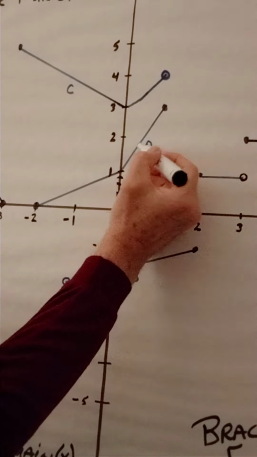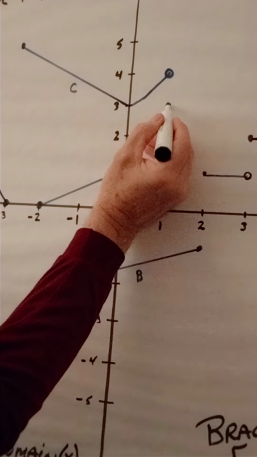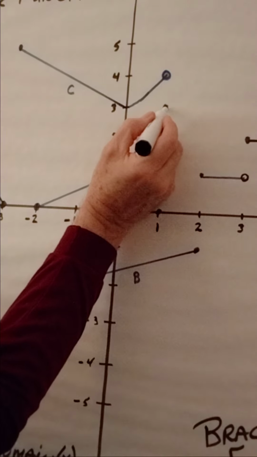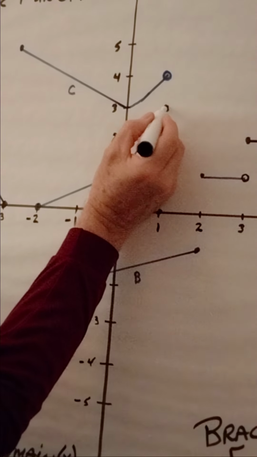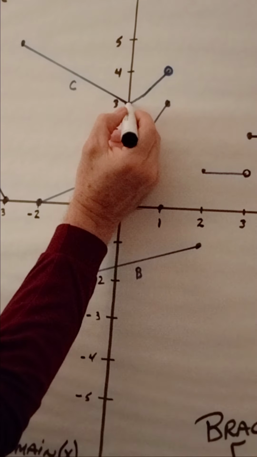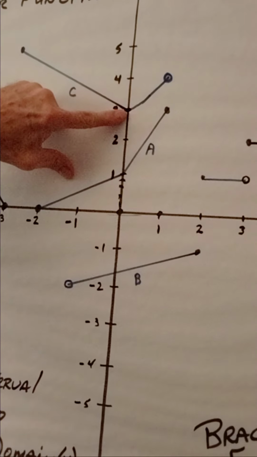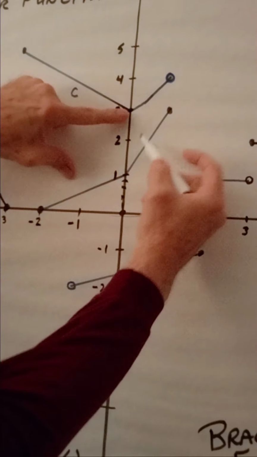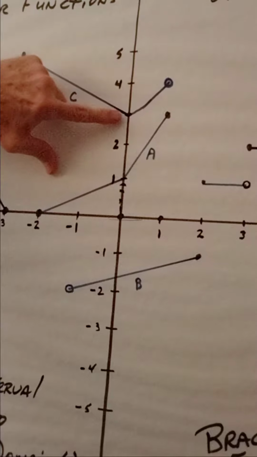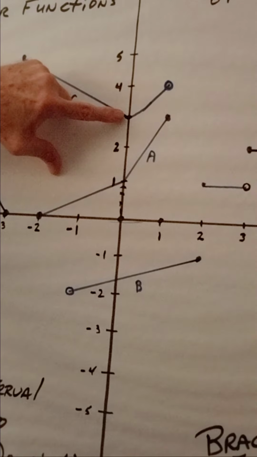And all of these points, with this one being the largest, it stops right there. I'll go ahead and go to this highest one right here, and let's move that point over to the y-axis. It would meet right here. And all of these, they're moving right over. This is the highest range value.